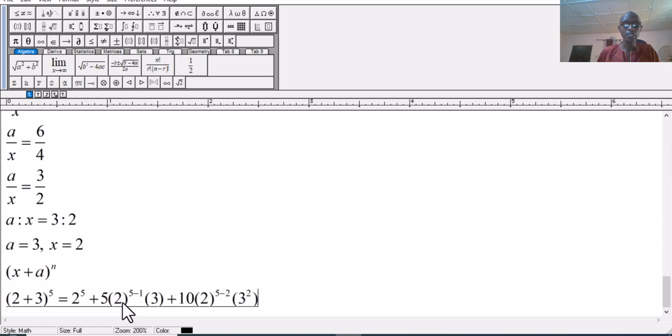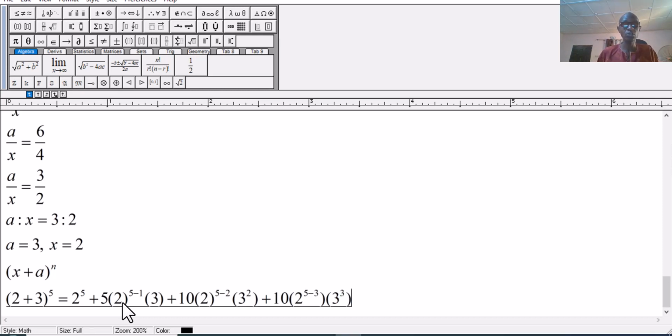So then the next one, which is 5 combination 3, is still 10 also. So we have 2 to the power of 5 minus 3, then 3 raised to the power of 3.